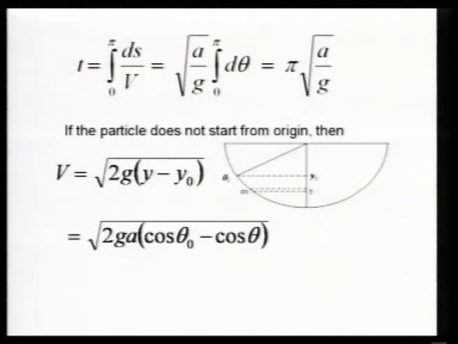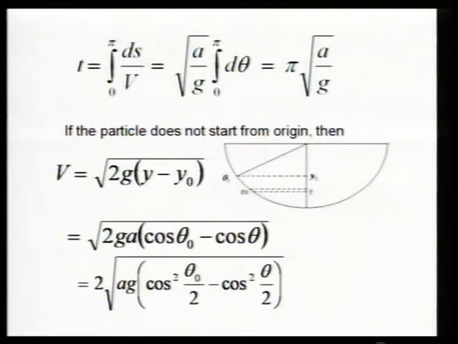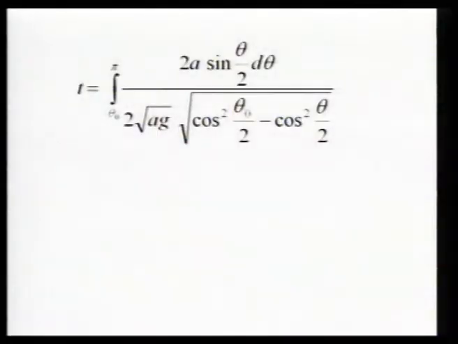But this we can simplify further, because you know that cos theta is equal to twice cos square theta by 2 minus 1. So we further simplify it in anticipation of later steps. And so our time is the integral of ds, which we had already calculated, and which I had said we can leave, because in that problem we did not need it.